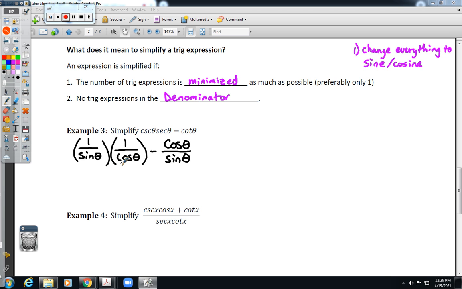Yes? So just go straight across. That would be 1 times 1 is 1. Sine times cosine, well, we just write those next to each other. So we combine those two sets of parentheses into one fraction, 1 over sine cosine. And then that still has minus cosine over sine because that was our cotangent.